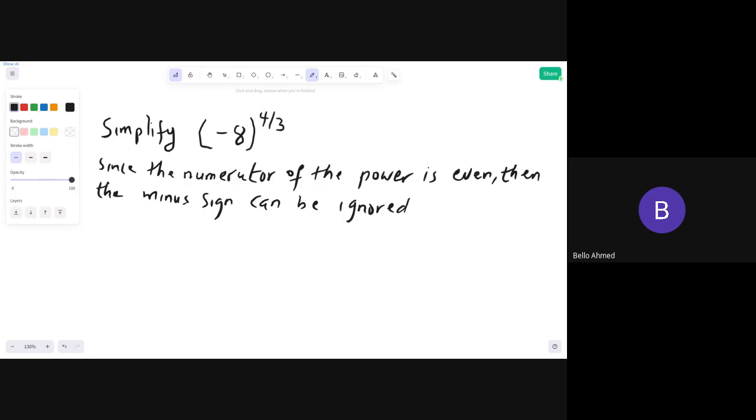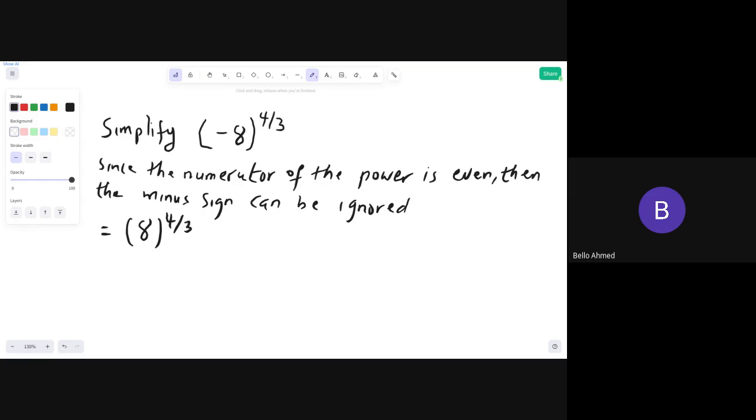Remember that you are free to write your own in any way. So in my next line, I'm going to write it now. 8, everything raised to the power of 4 over 3.